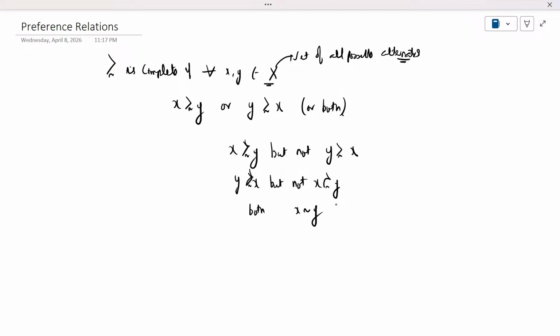Completeness says that the decision maker has a well-defined view on every pair of alternatives. This is a really strong assumption because in many real world situations, choices are very difficult to compare. Some alternatives are unfamiliar or multidimensional, and people can hesitate between options.